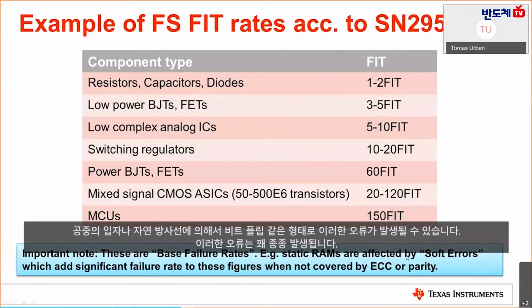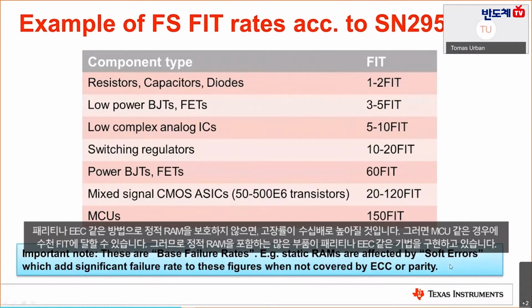But this happens quite often, and when the static RAM is not protected by any kind of system like parity or ECC, this failure rate really jumps by orders. For MCUs, it may reach up to thousands. So that's why a lot of components containing static RAM already implement parity or ECC.